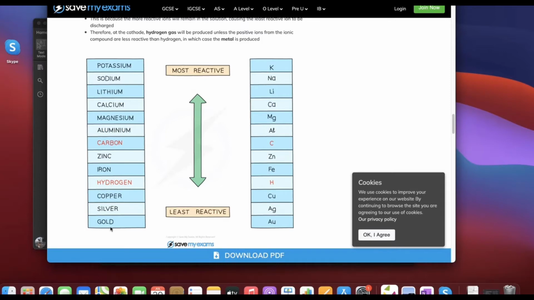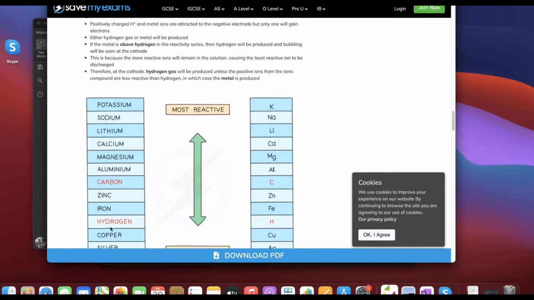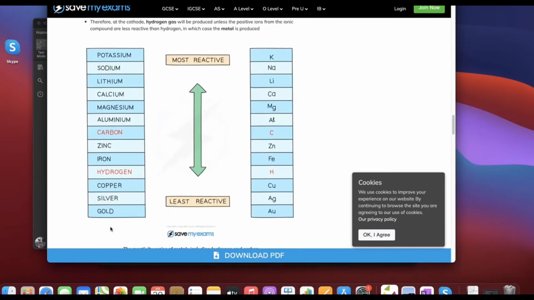Okay, so you have to remember this, and after that, what to do is you have to know whoever is less reactive will be chosen to form element. It will be chosen to form product. Okay, so you have to remember this.